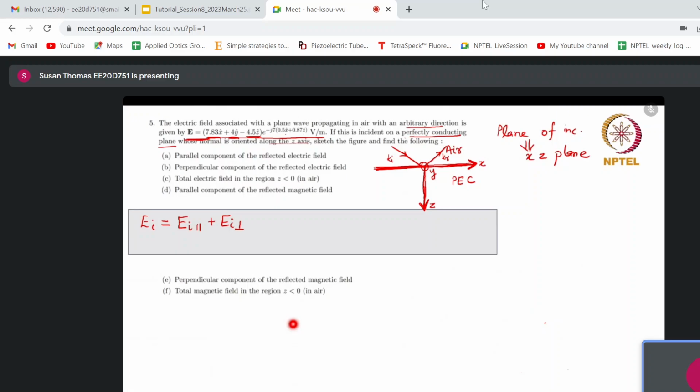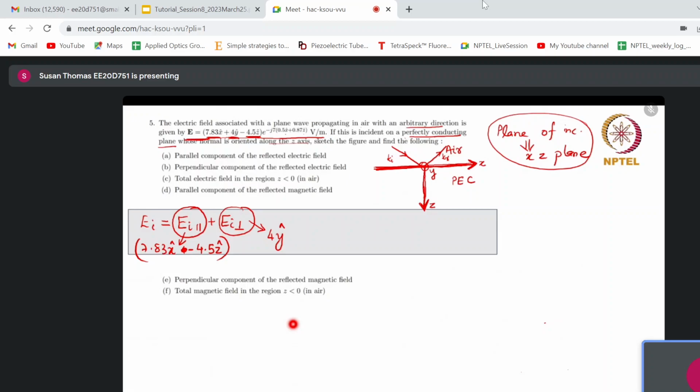We have our plane of incidence as the xz plane, so the y component is our perpendicular component. This perpendicular component is 4 y cap, and the component parallel to the plane of incidence is 7.83 x cap minus 4.5 z cap. This is your parallel component, the other is your perpendicular component.